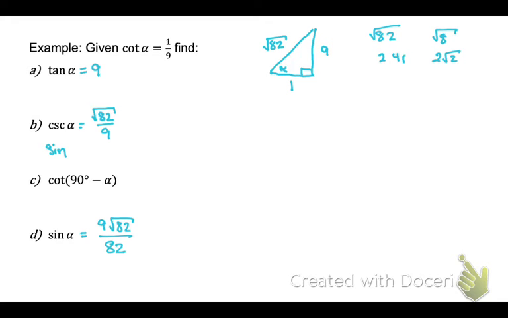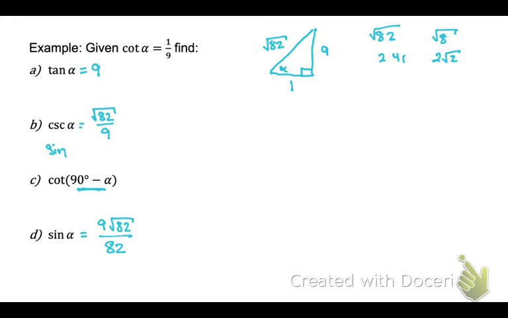Okay, so now 90 minus alpha, that's the cofunction stuff we had the other day. Complements have the same cofunction values. The complement of 90 minus alpha is just alpha.